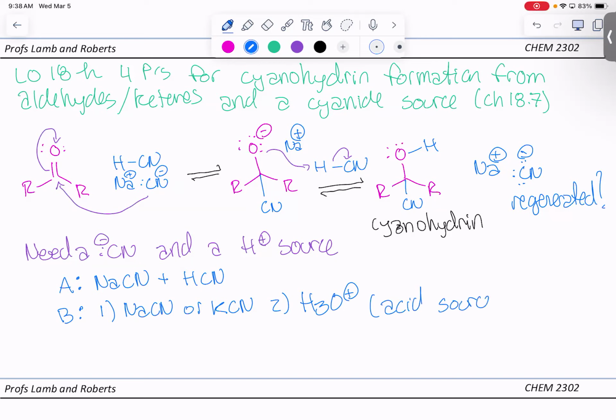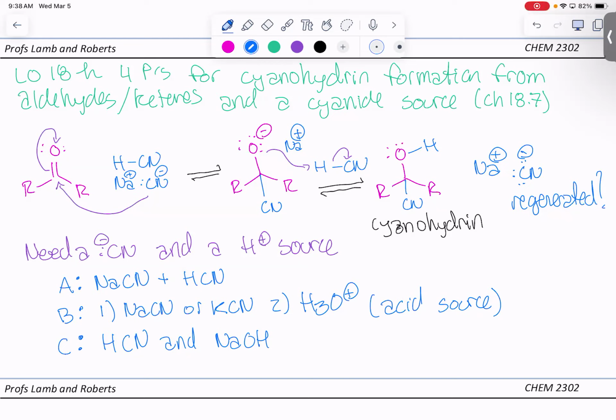So we could do this stepwise, in which case we would have a stoichiometric amount of sodium cyanide, and then we would add in H3O plus after. Alternatively, we can just generate cyanide in our reaction by adding HCN and sodium hydroxide. Sodium hydroxide is going to deprotonate that HCN to form the cyanide minus. So any of these combinations are going to work.